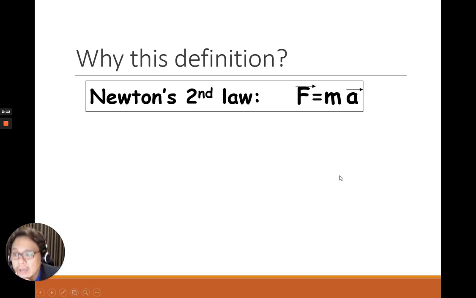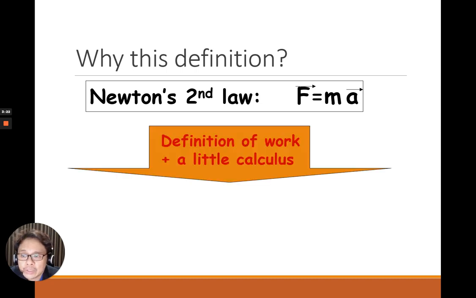Now, why do we have this definition? We got this from Newton's second law of motion. Newton's second law says that force is equal to mass times acceleration. Now, this is explained best by calculus. You have the definition of work, which is force multiplied by the displacement.